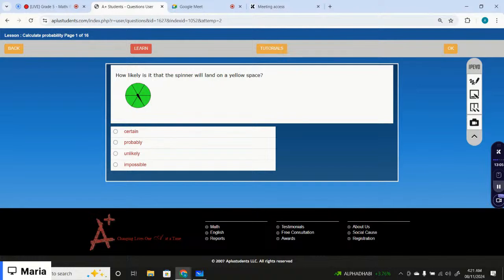How likely is it that the spinner will land on the yellow space? Certain, probable, unlikely, or impossible. So, which is the correct option?